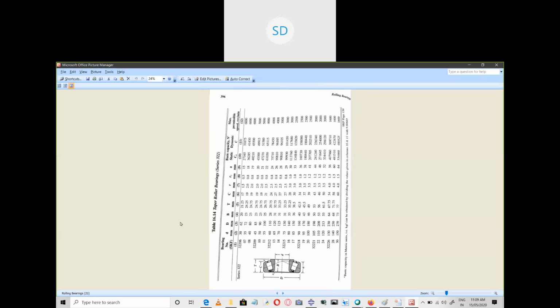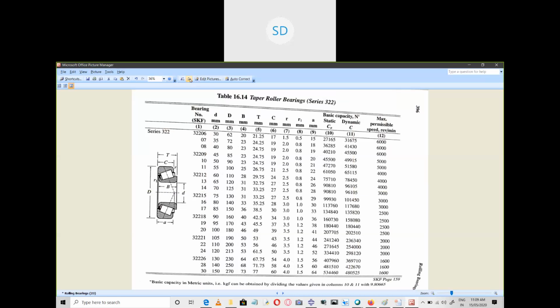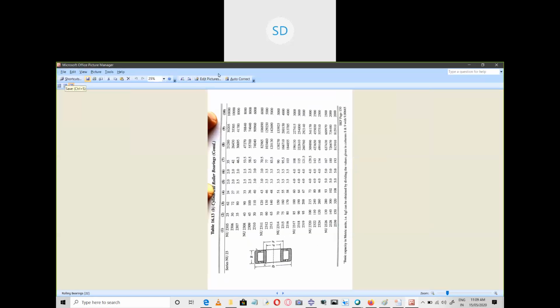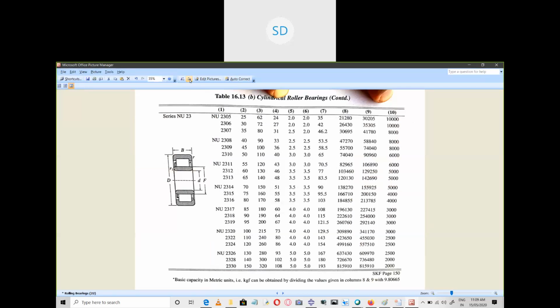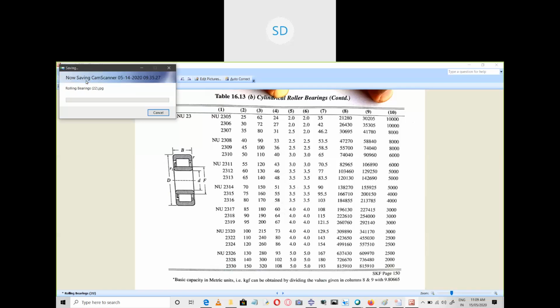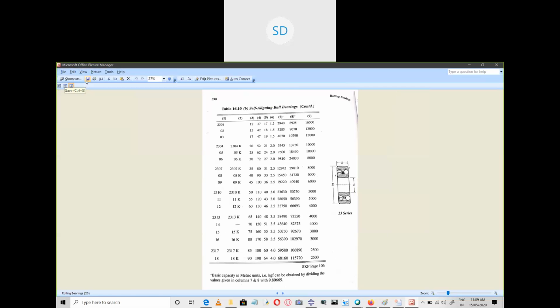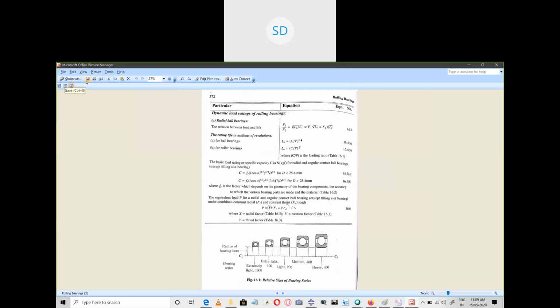Now this table is for taper roller bearings. Again, this is for cylindrical roller bearings. This is also for cylindrical roller bearings. Now this is self-aligning ball bearings, there are 2 rows of balls here.